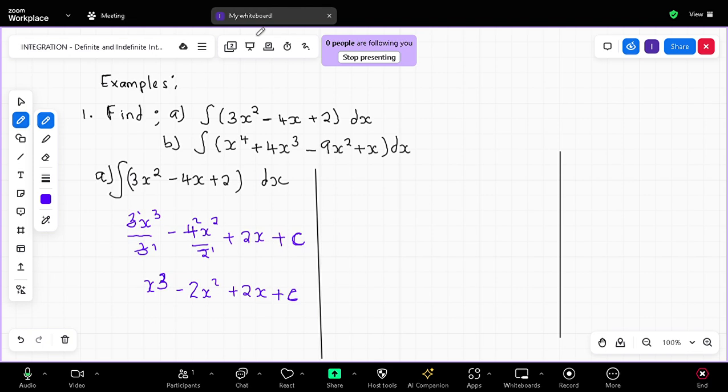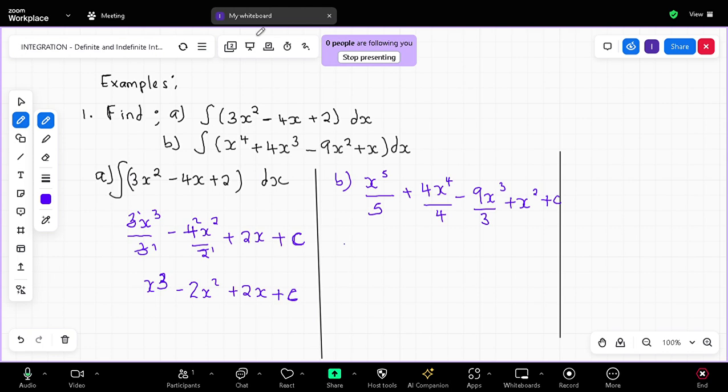Coming to part B, we need to integrate this one. When you integrate x power 4, that becomes x power 5 divided by the new power, which is 5. Plus 4x power 3, we add 1, that is 4x power 4, divided by the new power, which is 4. Minus 9x squared, that becomes x power 3 divided by the new power, which is 3. Plus x, the power 1 is now going to be power 2, plus a constant term c.